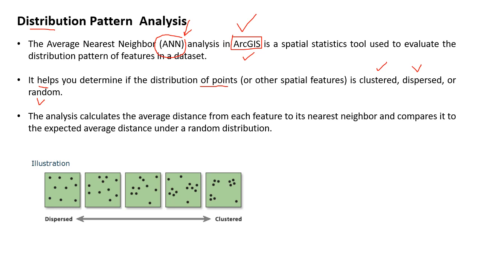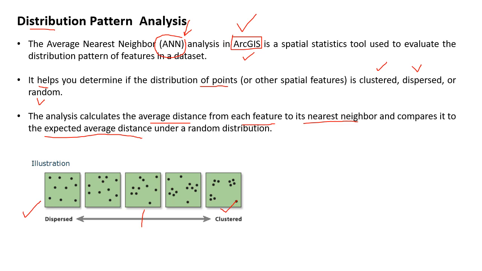In this analysis, it calculates the average distance from each feature to its nearest neighbor and compares it to the expected average distance. So the result will show you whether it is dispersed, clustered, or maybe random.